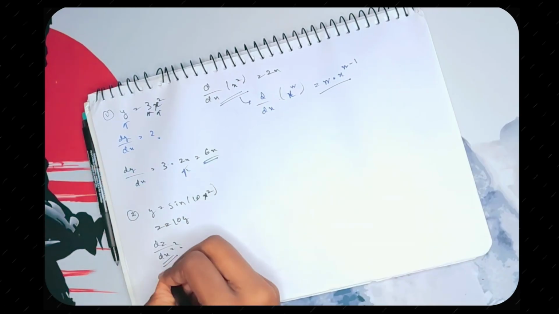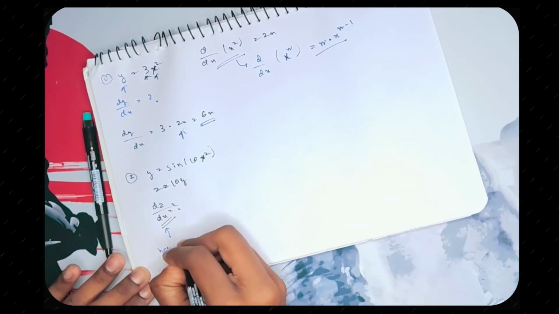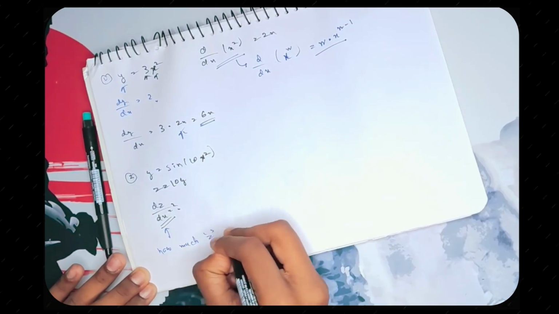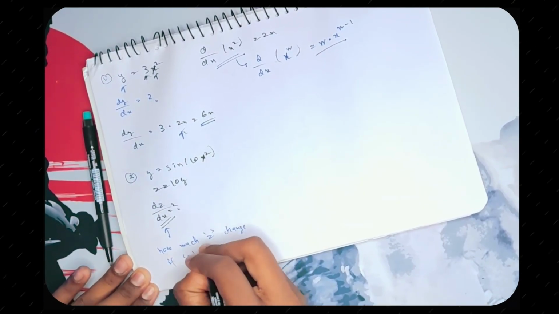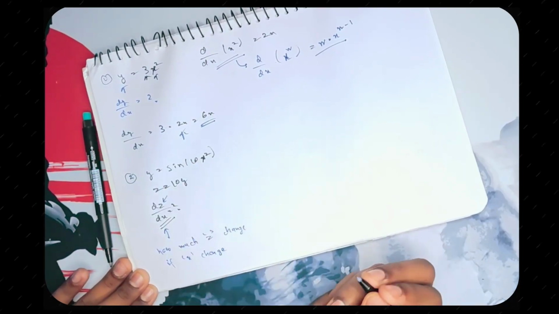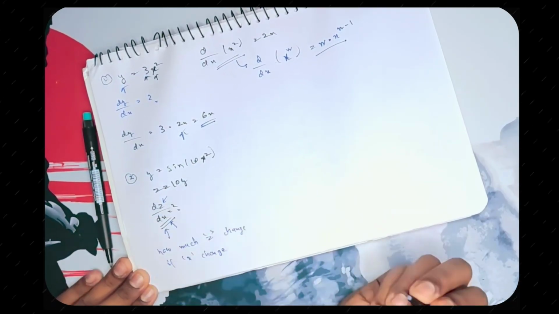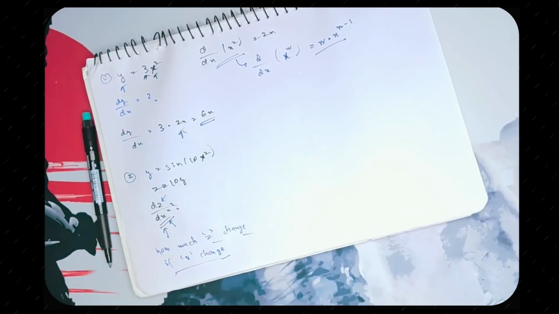So dz by dx is nothing but it tells us how much my z changes if my x changes. So how much will my z change if my x changes, right? And that is what my dz by dx is.